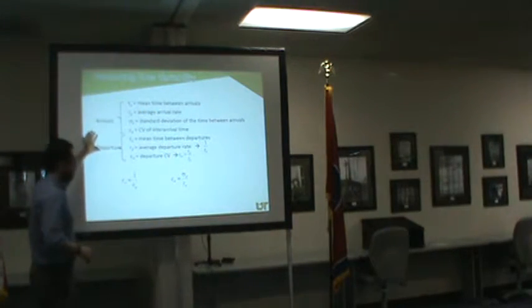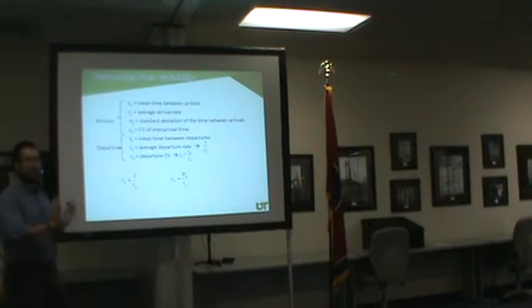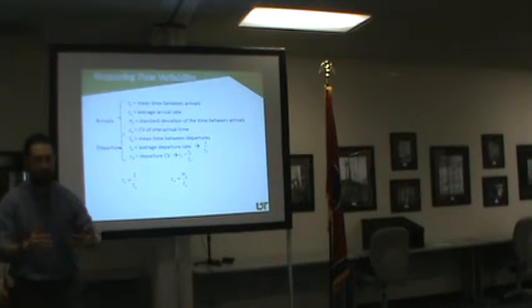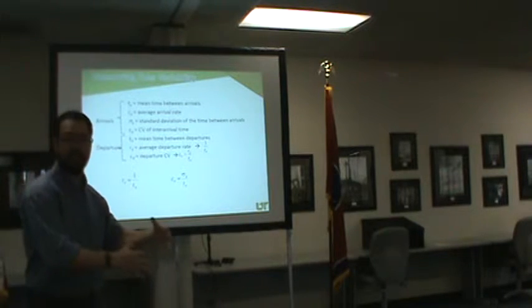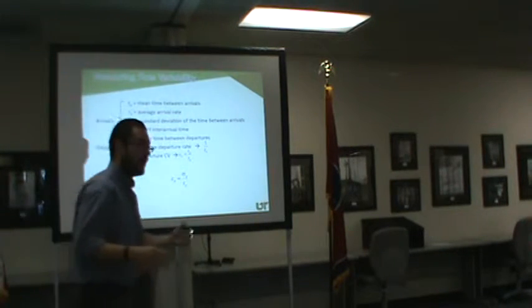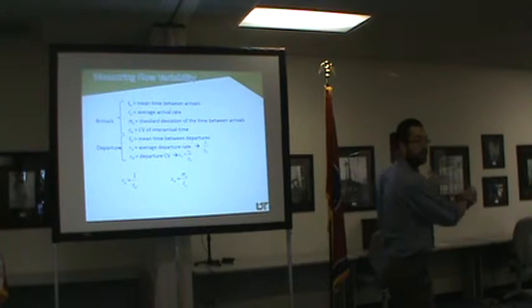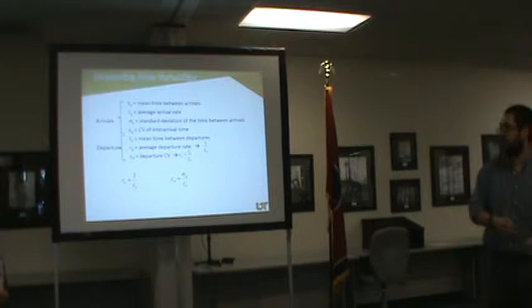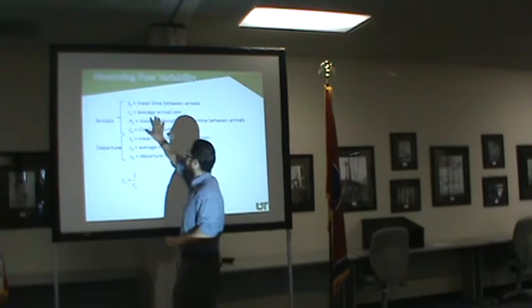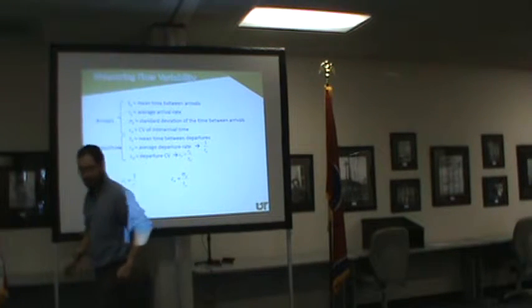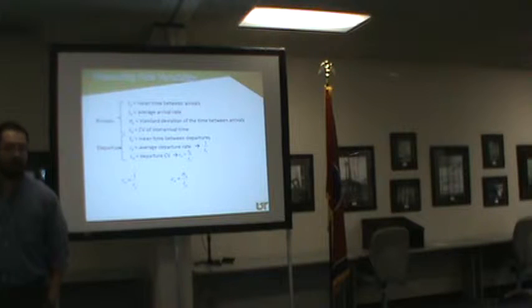What we want to measure here is how people get into the service and how they leave. Okay? That's what we're going to use. So, what are we going to count? What is relevant?